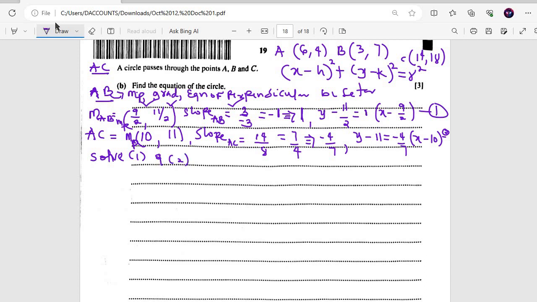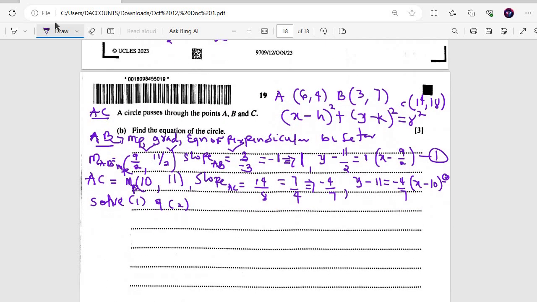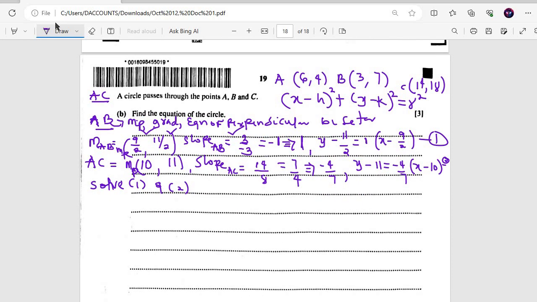Equation 1 can be written as y equals x minus 9 over 2 plus 11 over 2. So 1 can be written as y equals x plus 1. Call this equation 3.